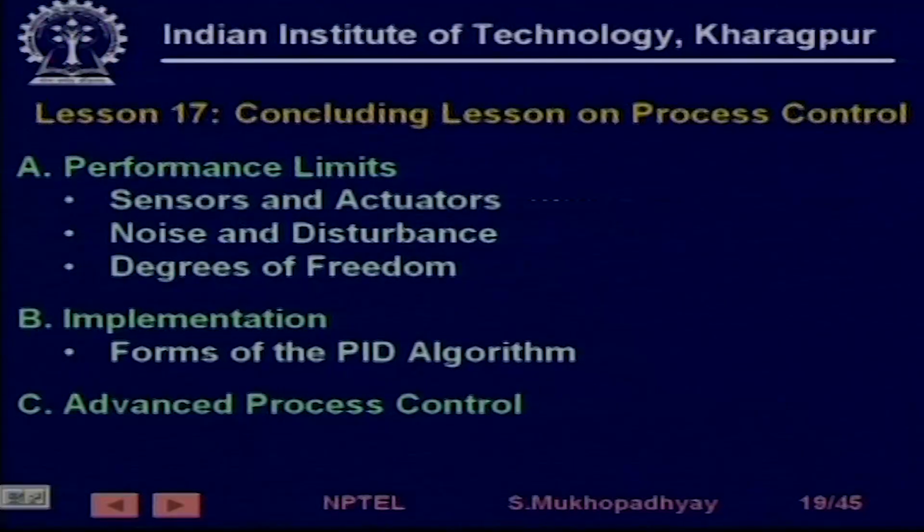For example, we have not talked about model predictive control or nonlinear model predictive control. We have not talked about internal model control or other kinds of control like state feedback control. We have not talked about decoupling. There are several topics that we have not talked about, but still we talked about the major common control structures.